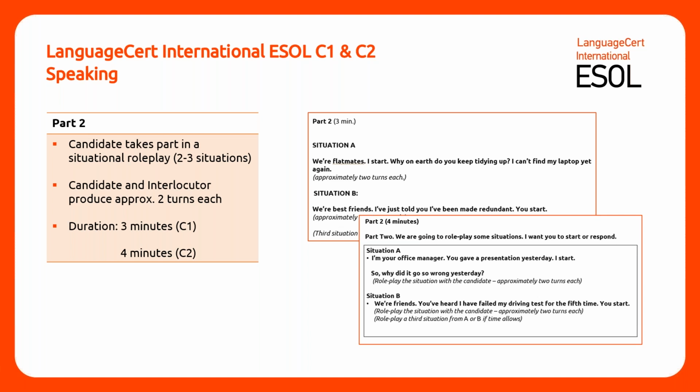They are presented with 2 or 3 situations, and both the interlocutor and candidates need to produce up to 2 turns each. Candidates are required to respond to and initiate interactions. The duration of Part 2 is 3 minutes for C1 level candidates and 4 minutes for C2 level candidates.